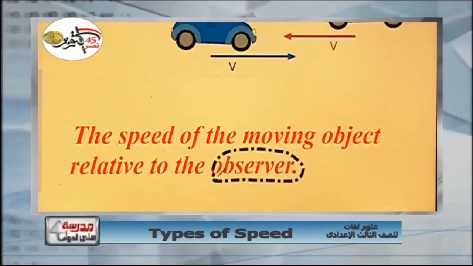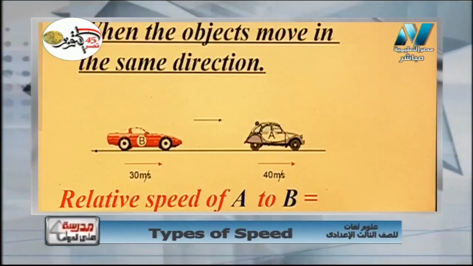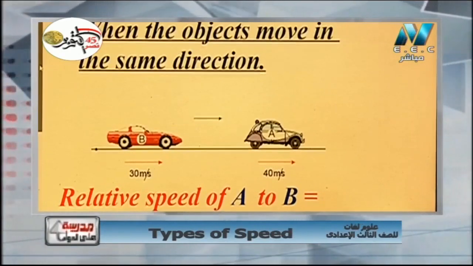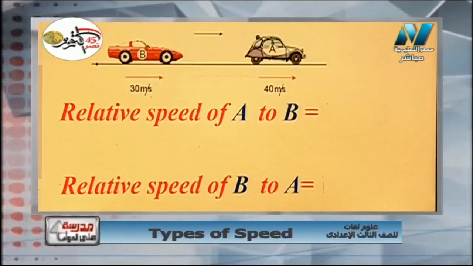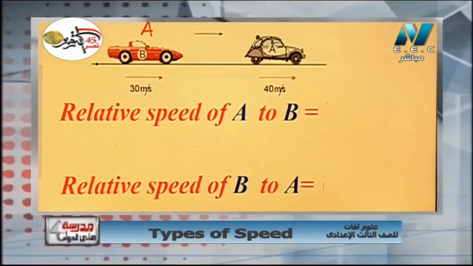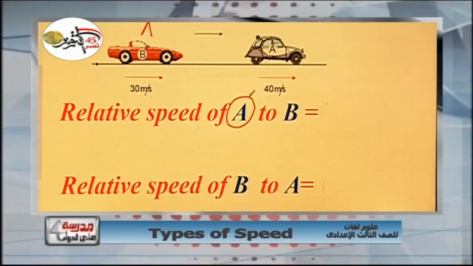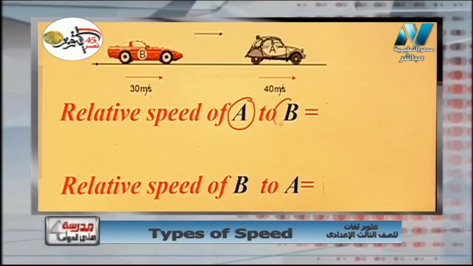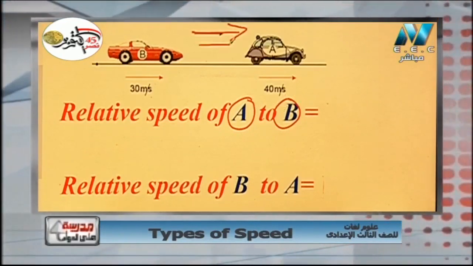So if the two objects move in the same direction, in this case we subtract the two speeds from each other. So the relative speed of car A relative to car B. Again, we say relative speed of car A relative to car B. In this case we subtract because they are in the same direction.